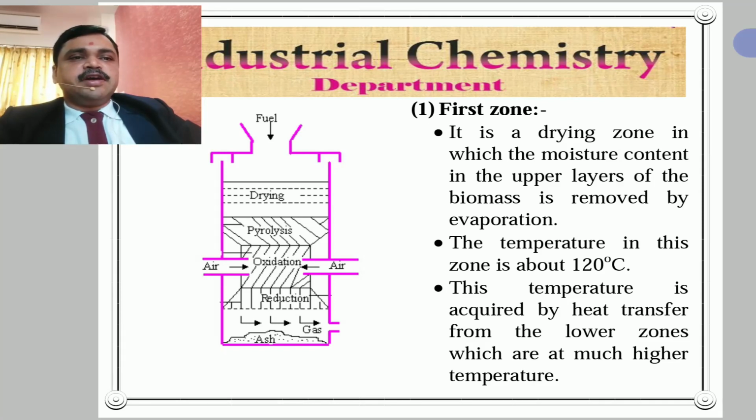The temperature in this zone is about 120 degrees Celsius. A very important 1 mark question is obtained here. What is the temperature of the first zone of the downdraft gasifier? Or what is the temperature of the drying zone in the downdraft gasifier?